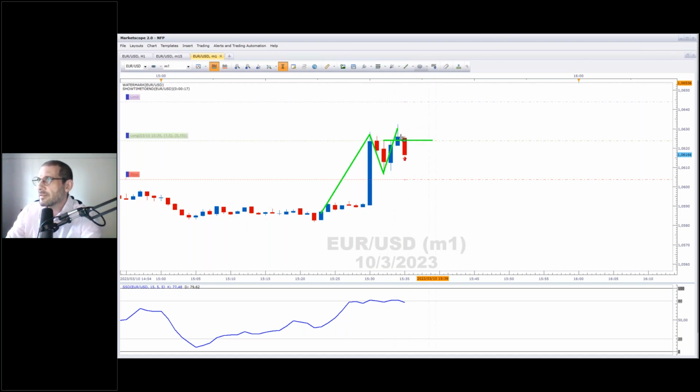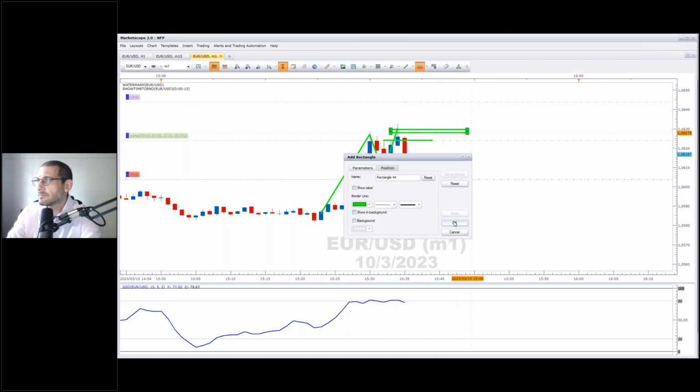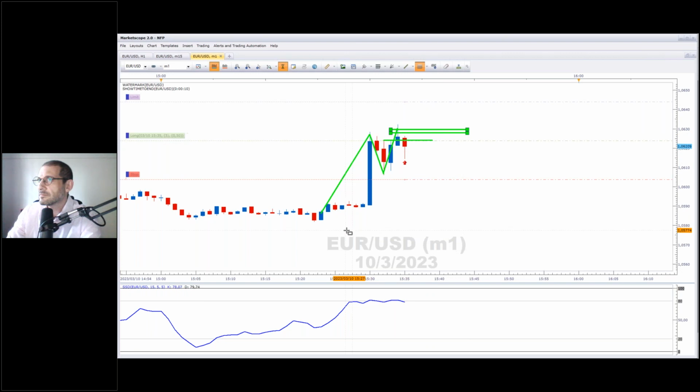We've got some resistance ahead of us right here. Okay, here's a bullish candle. Yeah, it's hitting at resistance. Look at this resistance now.